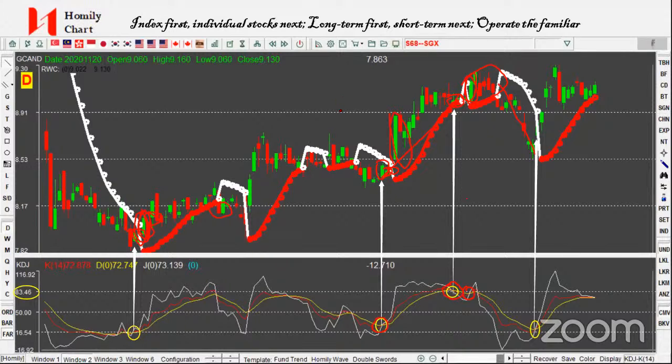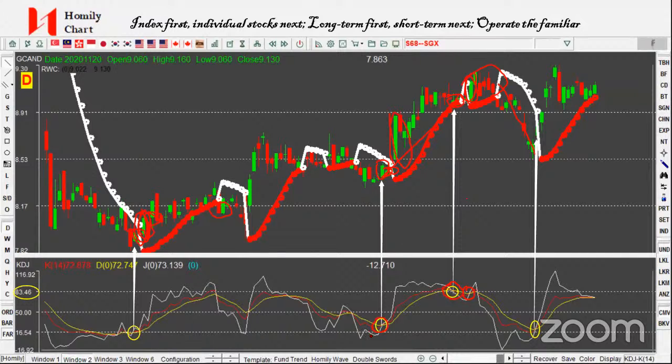So in future, if you realize that the share is the volatile type, you know better not to apply the red and white circle. But if you want to do some short-term trading, then you know KDJ may work better, maybe a better choice.